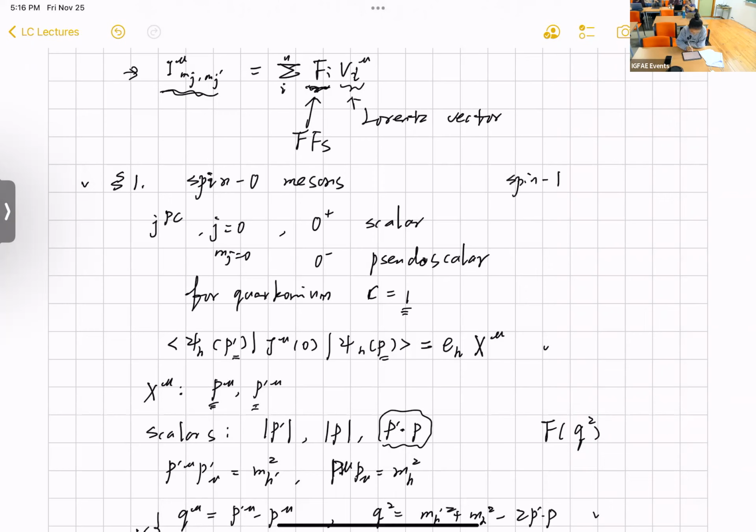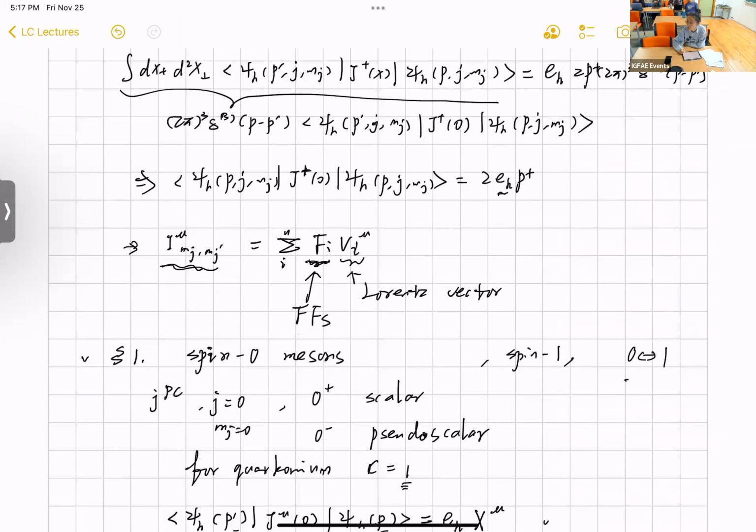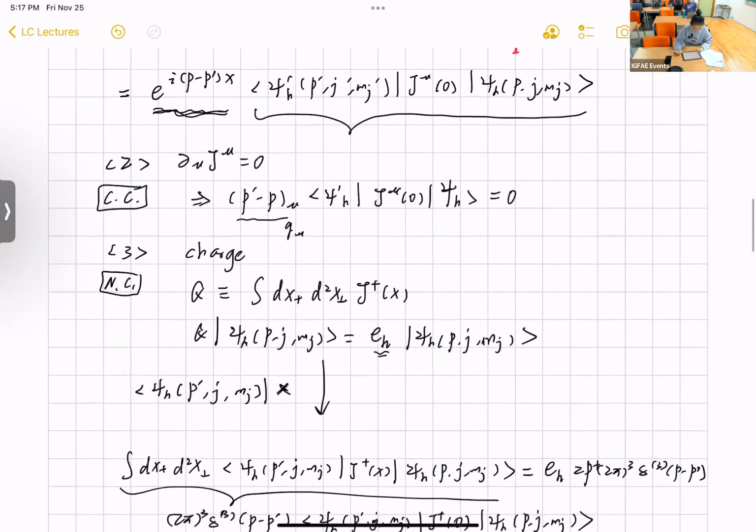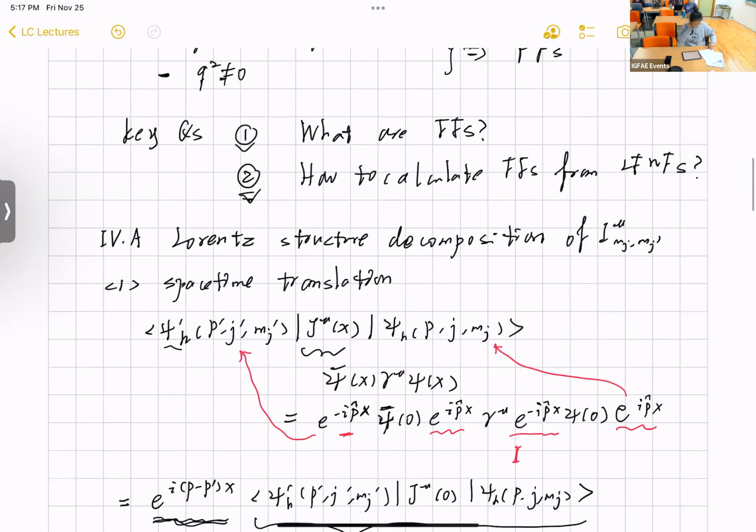Of course you would have more vectors, and the same techniques also apply when looking at transitions between spin zero and spin one mesons. So if we have time after we finish part 2, I will come back and show you what we can do for the 0 to 1 transition. But for now, let us go to part 2.